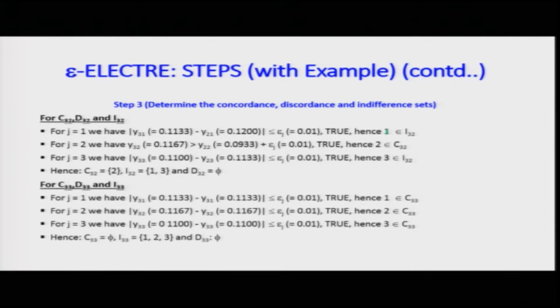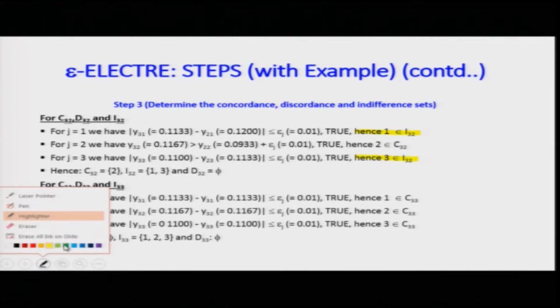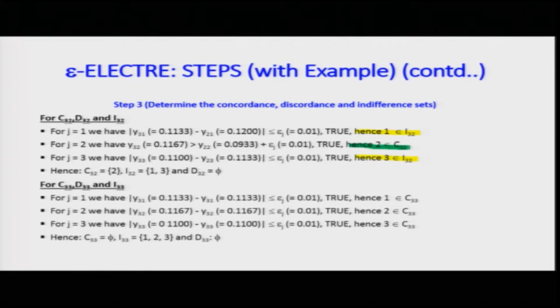So, based on that, j is equal to 1 is indifferent, j is equal to 3 is indifferent, and if I come to the concordance values, 2 is in the concordance set. So, correspondingly C32 has only one element, which is 2, that is j is equal to 2. If I consider red, the discordant set, it is a null set, and if I consider yellow, the indifferent set, it would be 1 and 3, j is equal to 1, j is equal to 3.